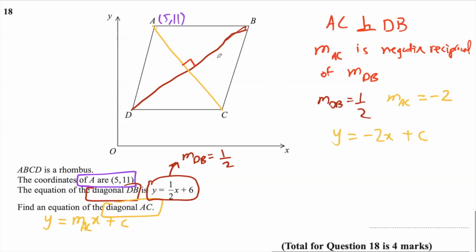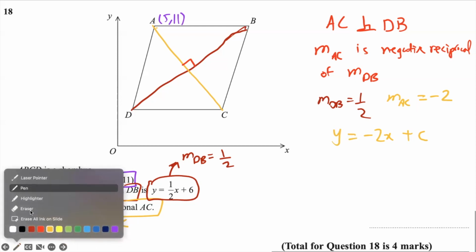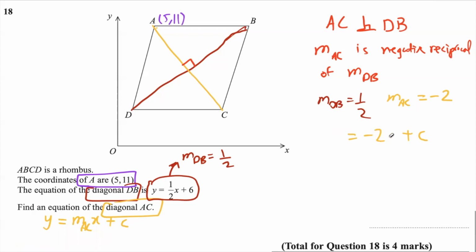Everything here belongs to the line AC, or the diagonal AC. We can use any point on the line AC, which is this point right here in this case. So A is 5 and 11. Using A, we can put 5 and 11 in the equation.